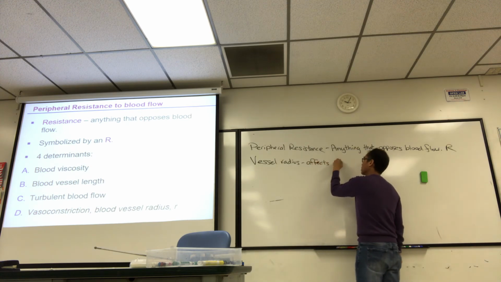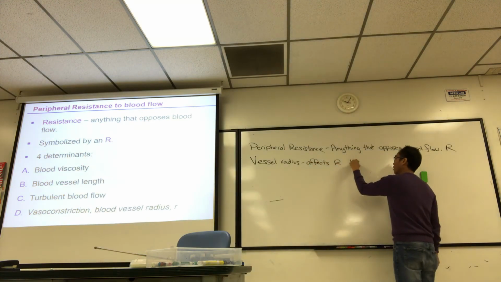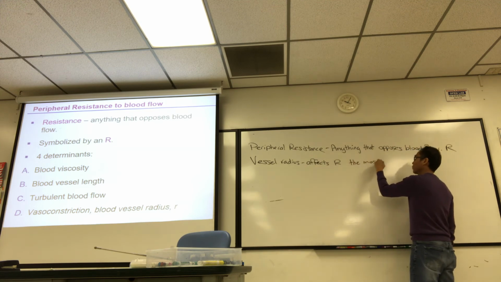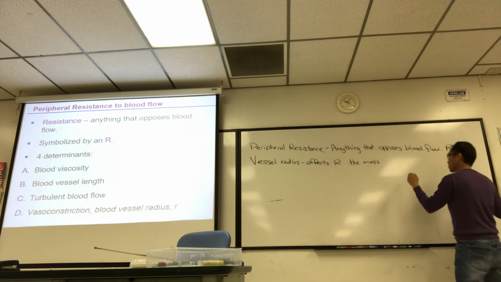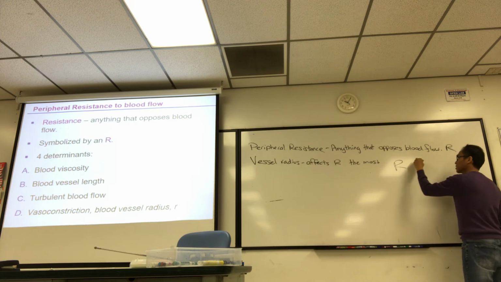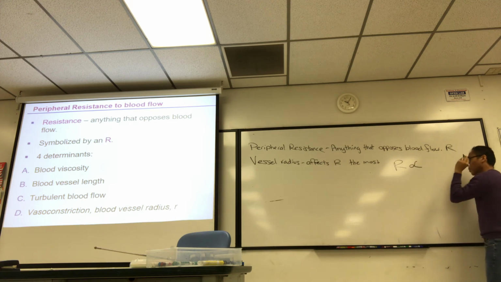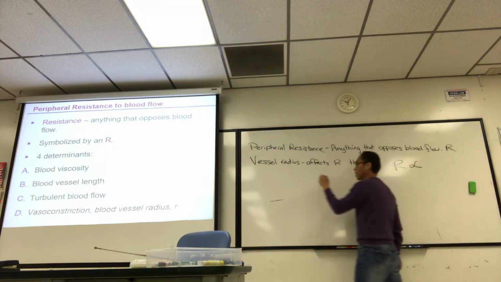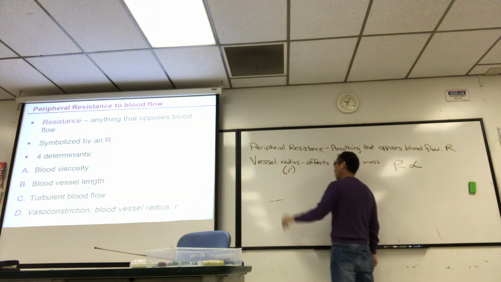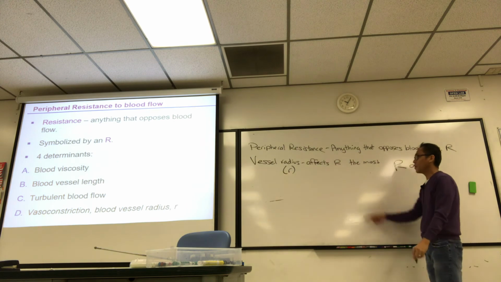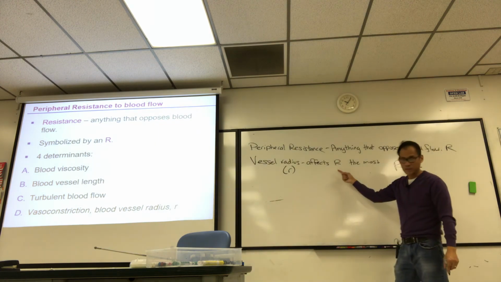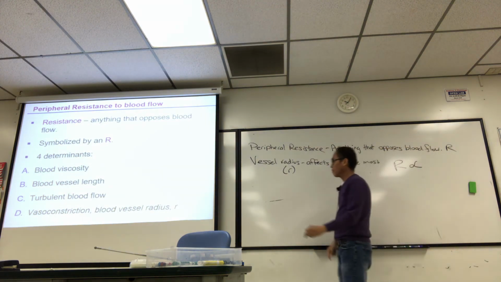In fact, what you'll see in your book is that resistance is inversely proportional to the radius. Now, radius is usually symbolized, remember from your geometry classes, by lowercase r. So don't confuse uppercase R, overall resistance, with lowercase r, vessel radius.